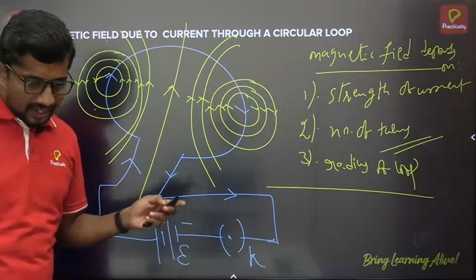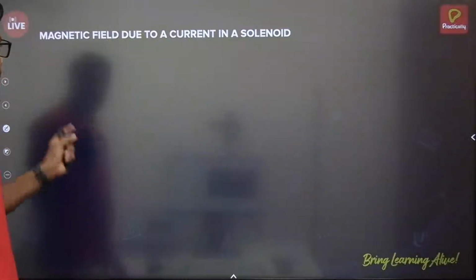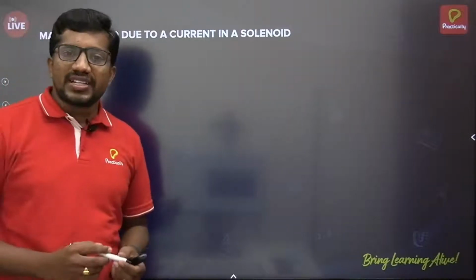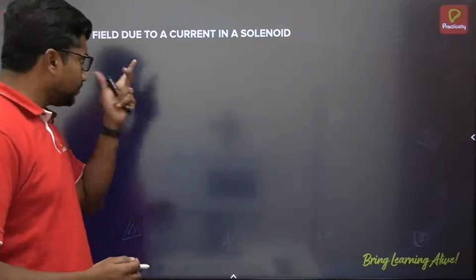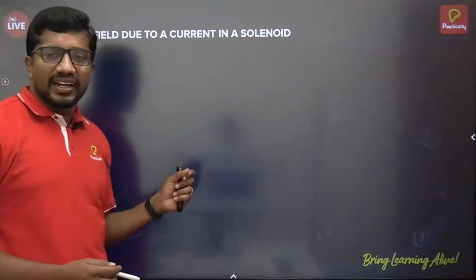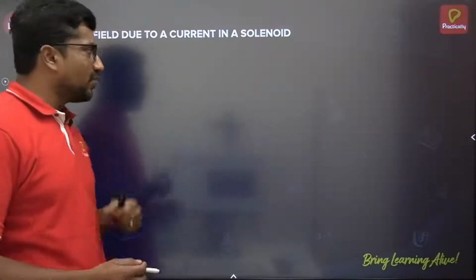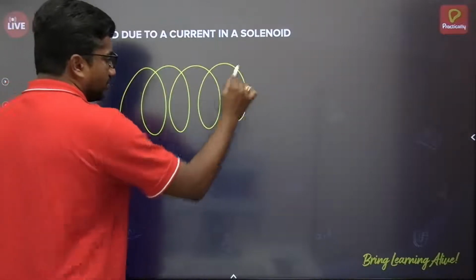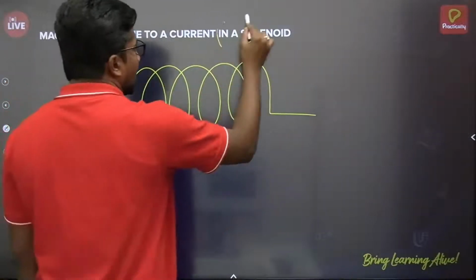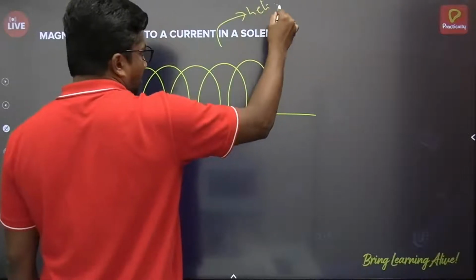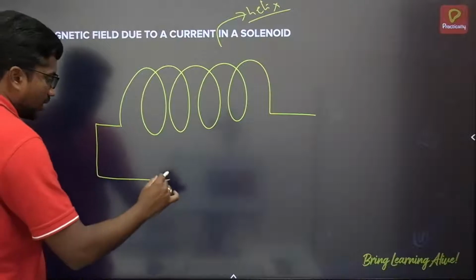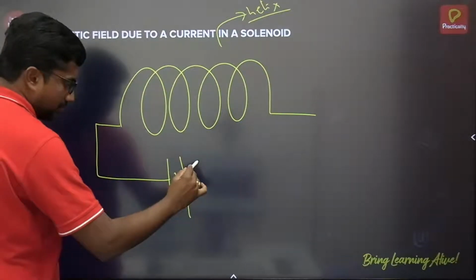Okay, right. Next one, magnetic field due to a current carrying solenoid. Solenoid is nothing but the current carrying conductor which consists of some number of turns, wrapped in the form of a helix. Okay, this is helical manner, or helix we will call. That's called a solenoid.